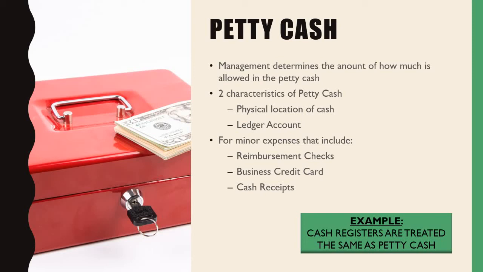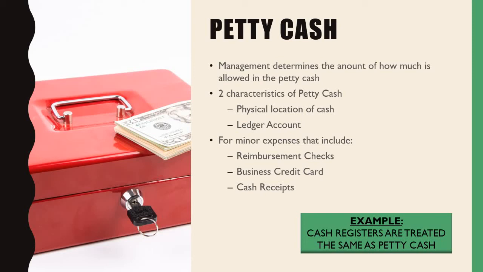At the beginning of the day, you start with some cash in the box, let's say $500. The value in the cash box, whether you take money out and put receipts in, should always total $500. Once we're low on cash in the petty cash drawer, that's where you need to reimburse the petty cash drawer.